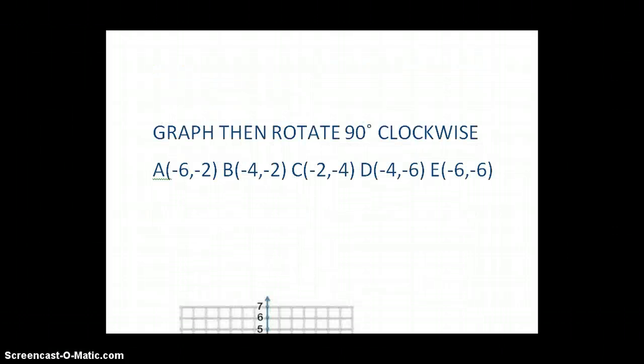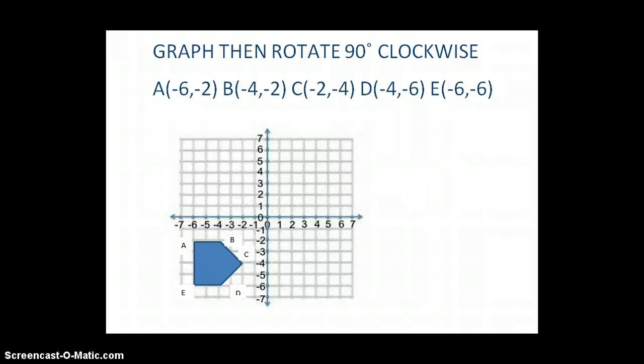So now you try one on your own. Graph these points and then rotate it 90 degrees clockwise. Pause your video now. Your original shape should have looked like this. So if your original shape did not look like this and you graphed it wrong, go ahead and pause your video again and regraph it, because that will affect your rotation.